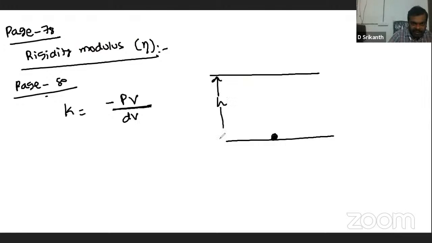I want to find what will be the change in volume. Whenever an object is placed at a depth h, we can write pressure equal to atmospheric pressure plus rho gh.